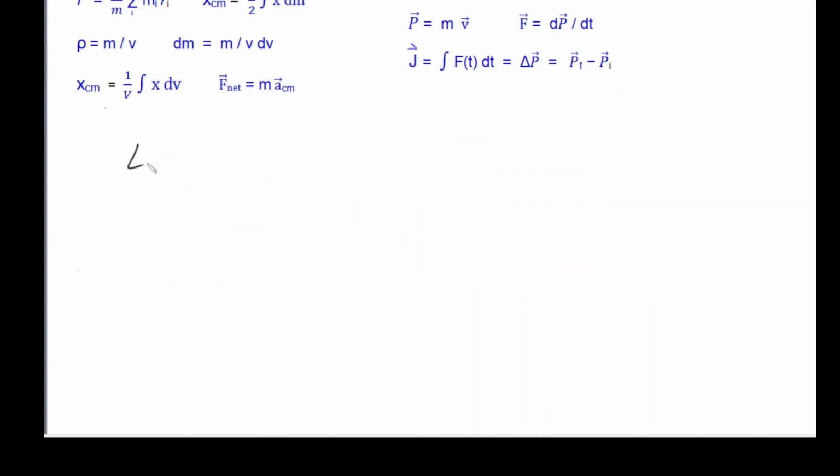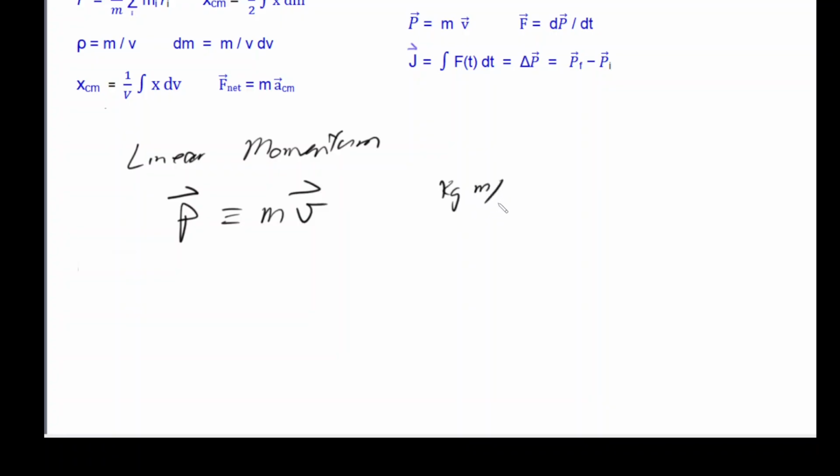Now let's talk about linear momentum, which is given as p, and it is a vector. And p is defined as mass times the velocity. Its units are kilograms meters per second. And you'll notice that momentum is in the same direction as velocity.